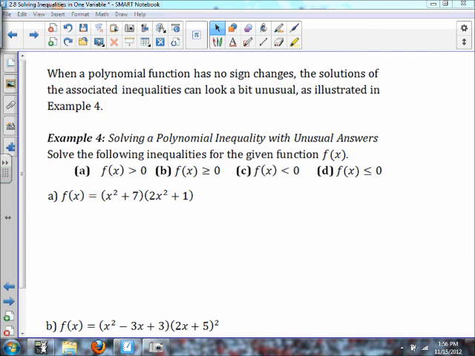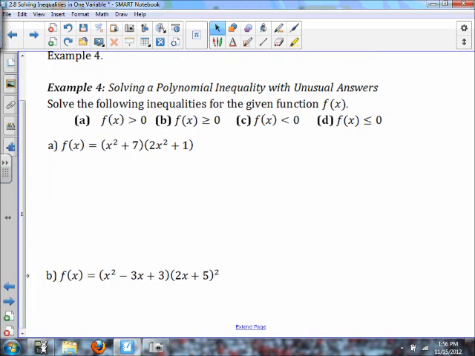Now, when a polynomial function has no sign changes, the solutions of the associated inequalities can look a bit unusual, as illustrated in example 4. Solve the following inequalities for the given function f of x. So what we're going to have here is x squared plus 7 and 2x squared plus 1.